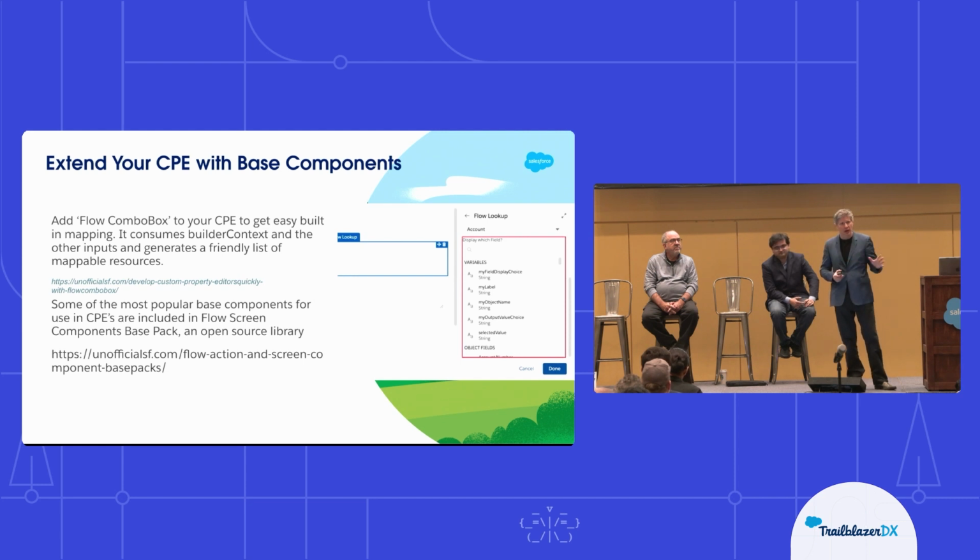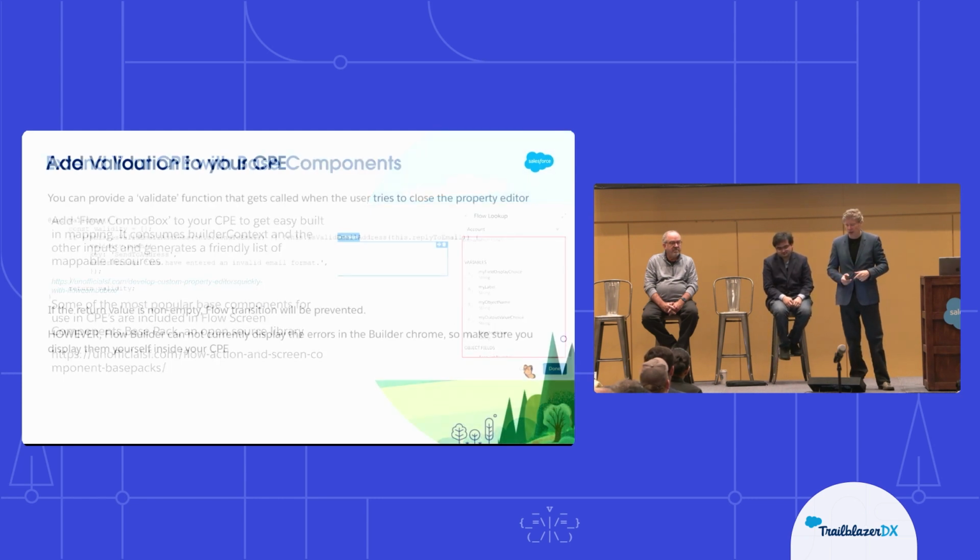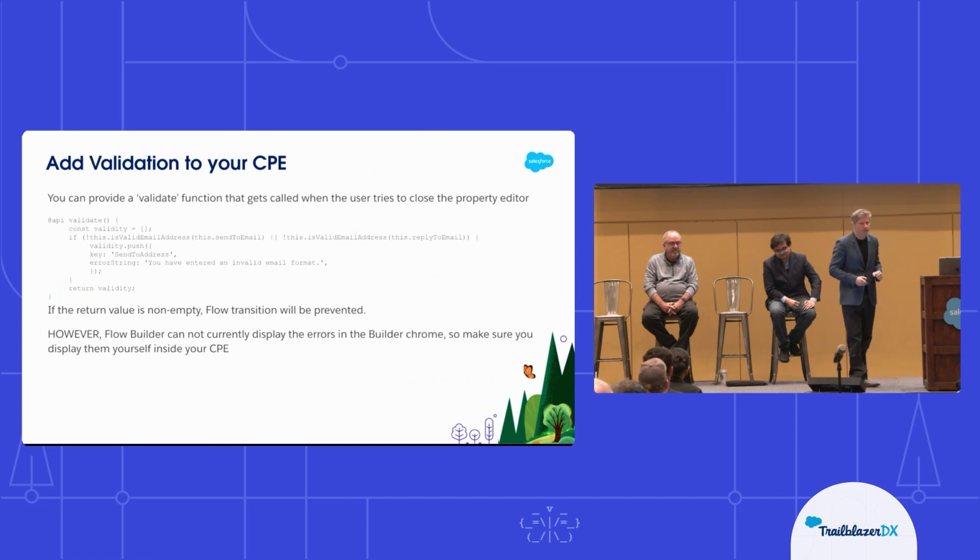So there's a lot of this mapping. Well, in order for mapping to be easy, there's got to be a really smart pick list. And that pick list has to show all the resources that are going to be available at runtime. And that's what Flow Combo Box does. So you can drop that in.